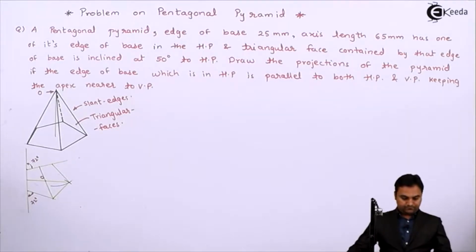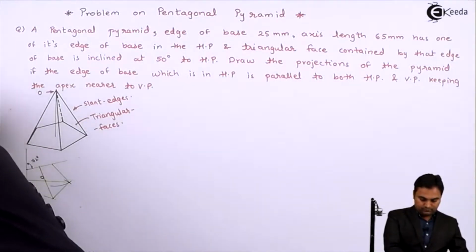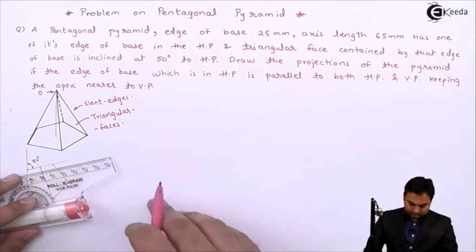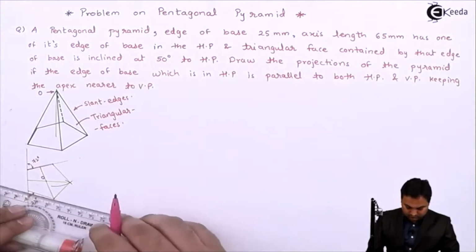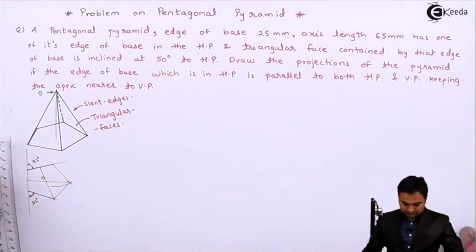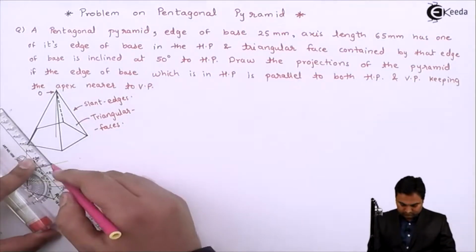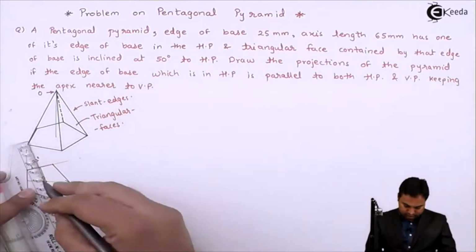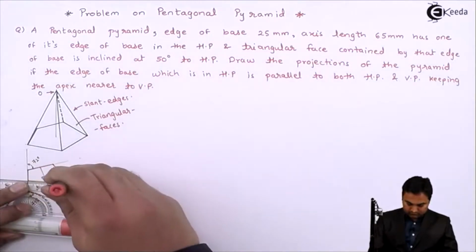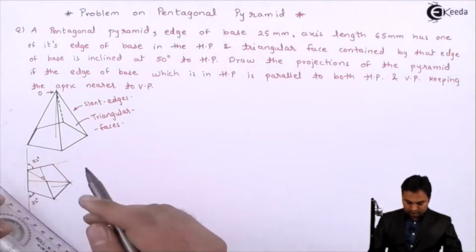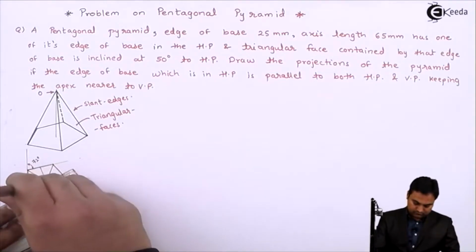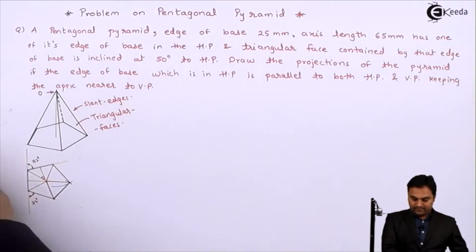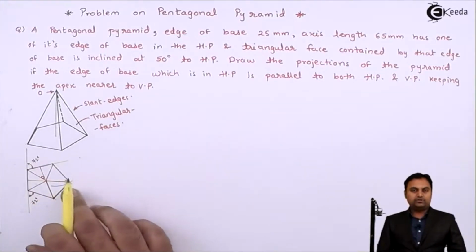And now I'll make it dark. So this is one way of drawing the pentagon, and in the other method, here it is resting on its corner.